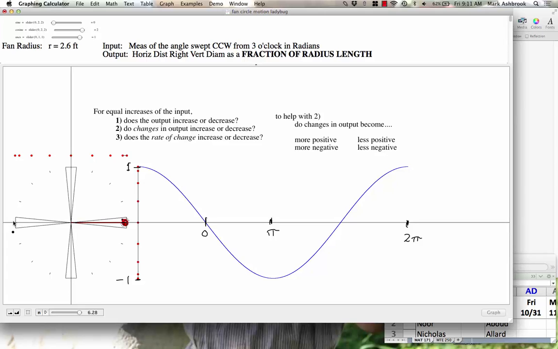And then we go from pi to 1.5 pi. What's our horizontal distance? 0, and that's at 1.5 pi. And then back to 1. Yeah. I wrote down the y coordinate, not the x coordinate. Thank you.